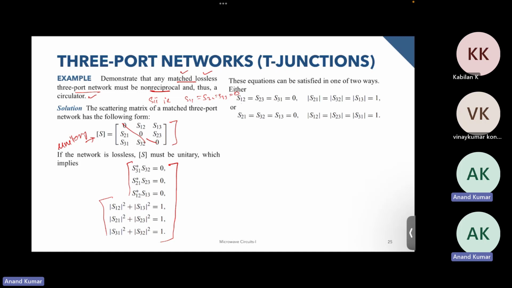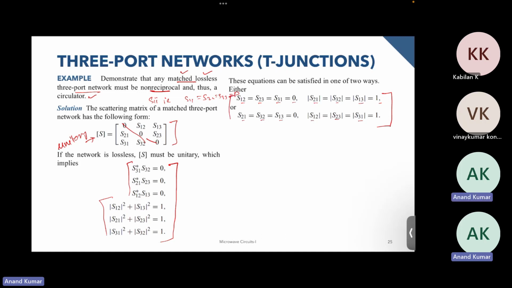We can either have S12, S23, and S31 equal to 0, and the magnitudes of S21, S32, and S13 equal to 1, or we can have S21, S32, and S13 equal to 0, and the magnitudes of S12, S23, and S31 equal to 1. You can check this by substituting; I'll leave this to you.